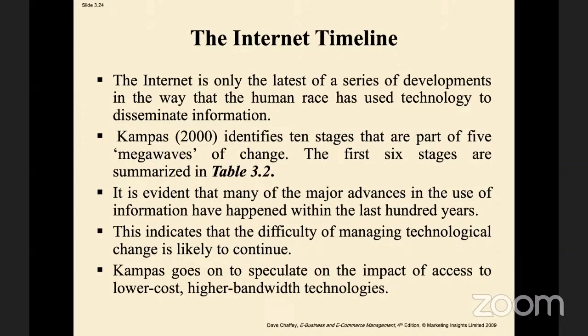Campus goes on to speculate on the impact of access to lower cost, high bandwidth technologies. Obviously, with the passage of time, there are a lot of developments going on. People are working, as the person named Campus says, on how they can manage access to low cost and high bandwidth technologies. High bandwidth technologies are a more advanced form of technology. They are trying their hardest to provide better services to their customers.